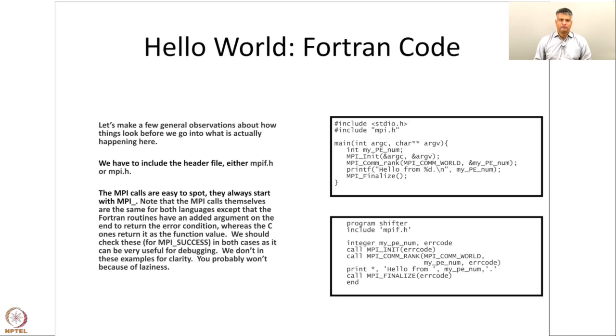As I said earlier, for Fortran routines, you have an added argument which gives out the error code or the error condition if there's a problem in executing these functions. Whereas in C, the function itself returns a value which is to be interpreted as the error code. These error codes are very useful to debug the program if something goes wrong. But most probably you will not find a reason to use them.